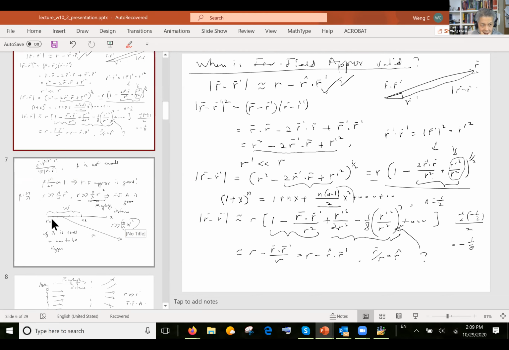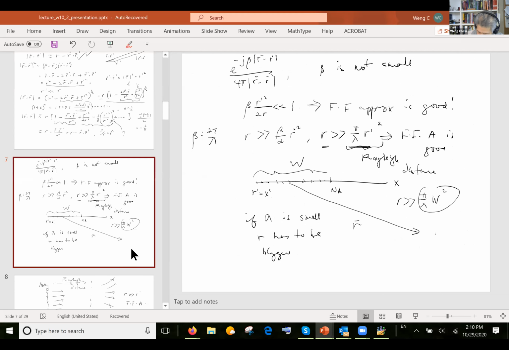So essentially, you're comparing the size of the array with the distance to the observation point. The observation point is over here. You put your observation point over here. The number of antennas you put in this antenna design is not important. It's the size of the array that is important.